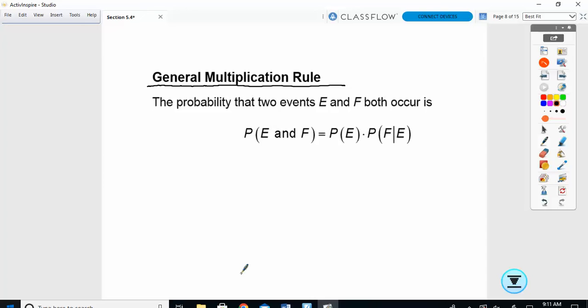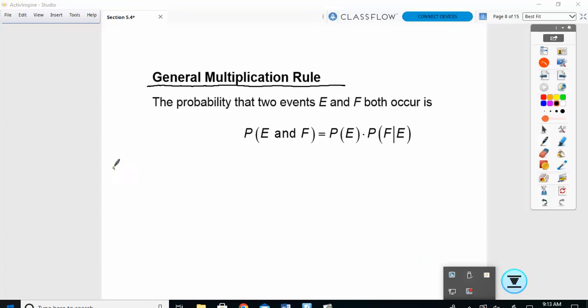So the probability of two events happening, and still means multiply, but instead of just doing probability of E times the probability of F, it's probability of E times the probability of F given E. If they're not independent, then knowing one of them happened changed the probability of the second one. So we have to multiply by the conditional probability.